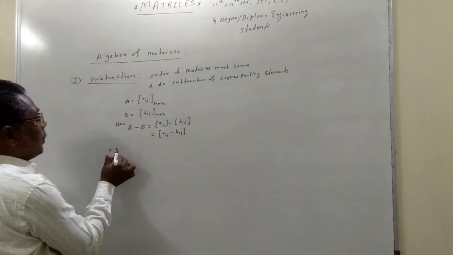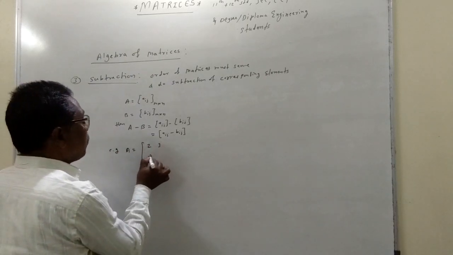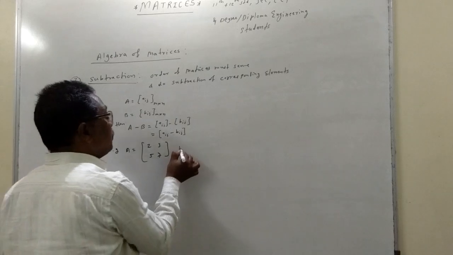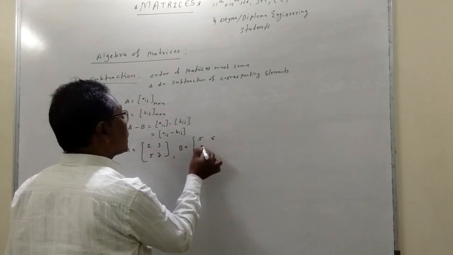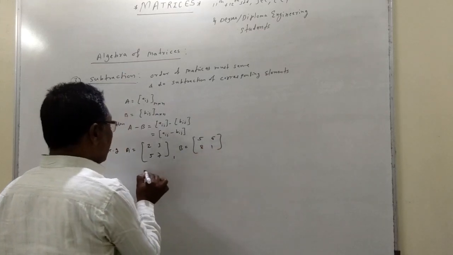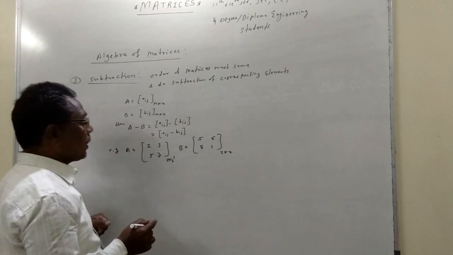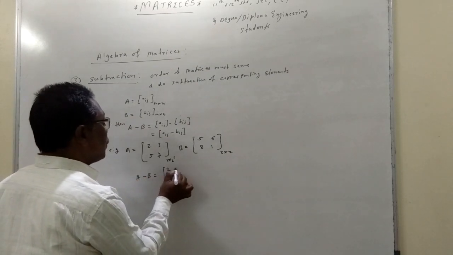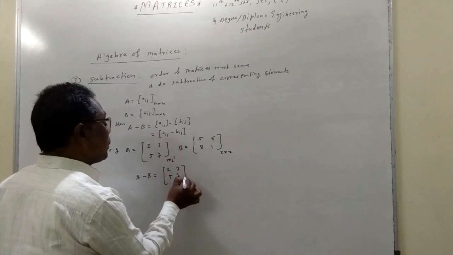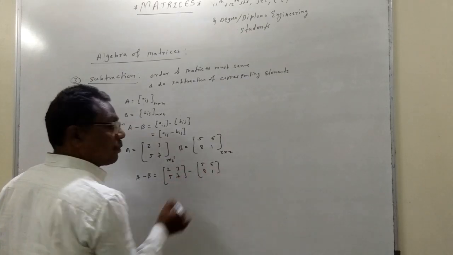For example, suppose A is equal to, we'll consider any example, 2, 3, 5, 7. B is equal to the matrix 5, 6, 8, 1. Now these are 2 by 2 order matrices. So A minus B is equal to the matrix 2, 3, 5, 7 minus the matrix 5, 6, 8, 1.